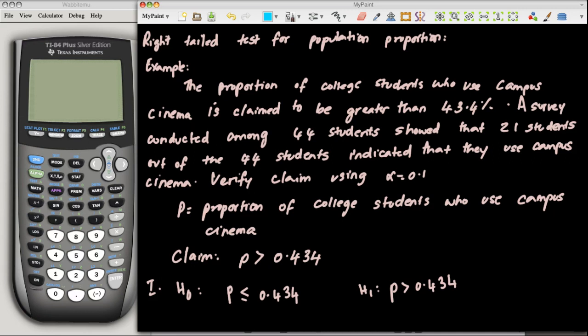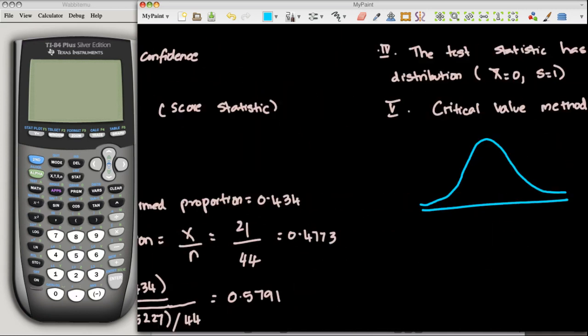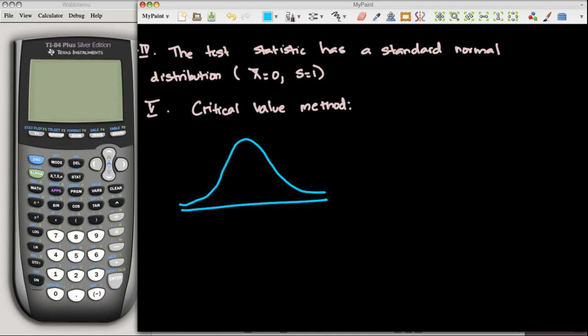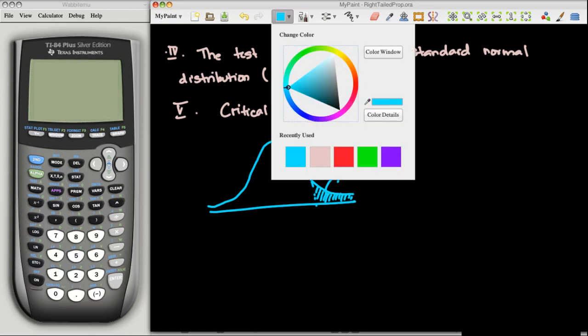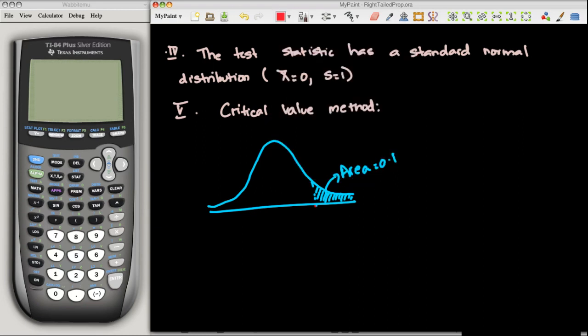So this is a right-tailed test, which tells me that the rejection region is on the right side. We could sketch out the rejection region. The area of the rejection region is 0.1, and we're looking for the critical value, which is right over there.